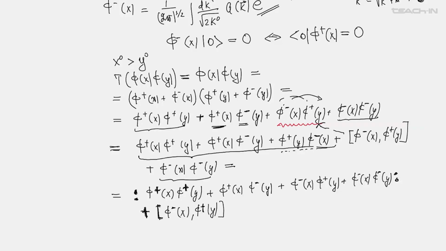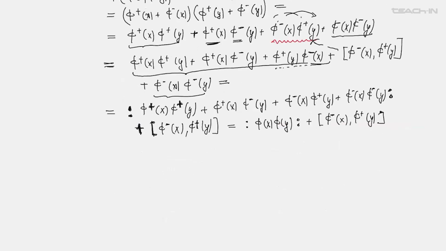And for this reason, because this is a C number, this commutator can be taken out of the normal ordering. And then under the sign of normal ordering, you see the usual product of fields, phi on x, phi on y, normal ordered, plus the commutator phi minus on x, phi plus on y. Okay, so this is what you will get.